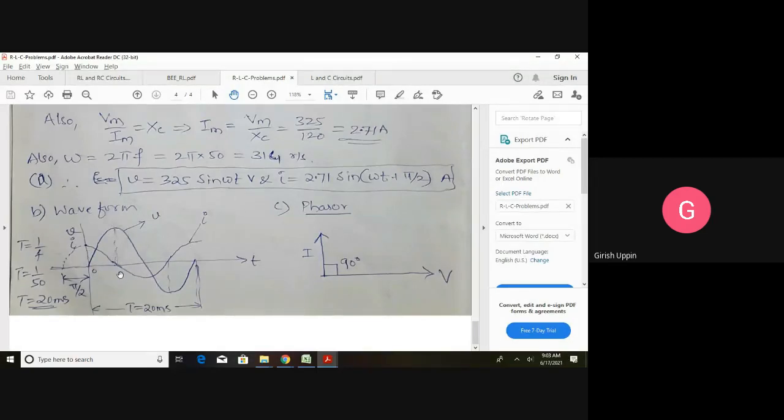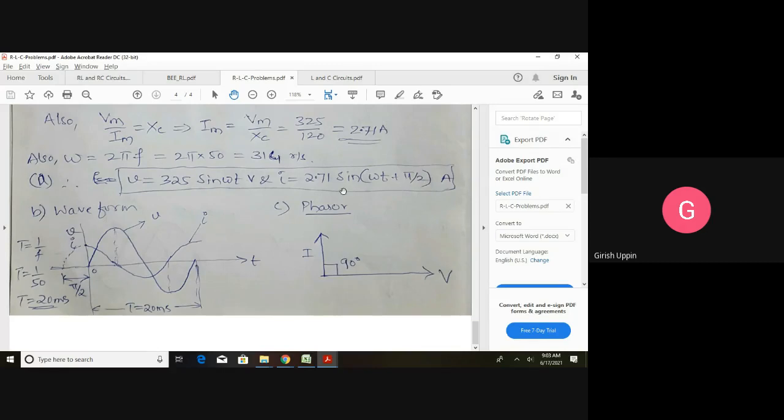So when you are drawing the current for the pure capacitance, make sure that at time t is equal to 0, Im is already peak. That you can also see from this equation. If you substitute t is equal to 0 in this equation, 314 into 0, this part will become 0. Then sine of pi by 2, sine of 90 is what?